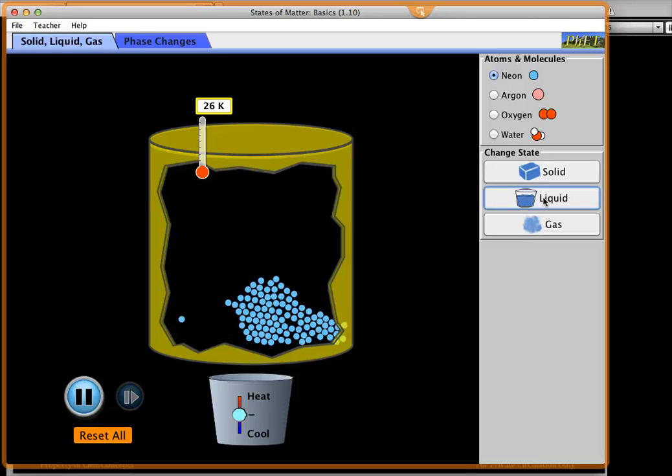Would it now be fair for me to say that because the motion is more vigorous, the total amount of energy that has been distributed is more, and therefore this is now a higher entropy situation?